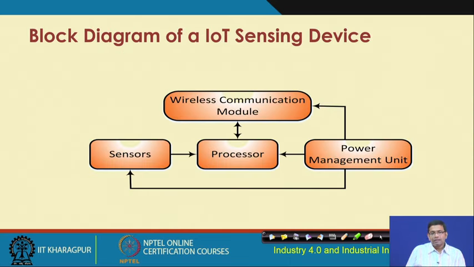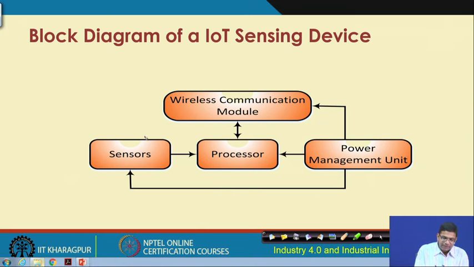So, going back, we have seen that these sensing devices are very important. These sensing devices have the sensor, which is actually the element which is sensitive to these changes of environment or any other thing that they are supposed to sense. So, these sensors are the central ones.